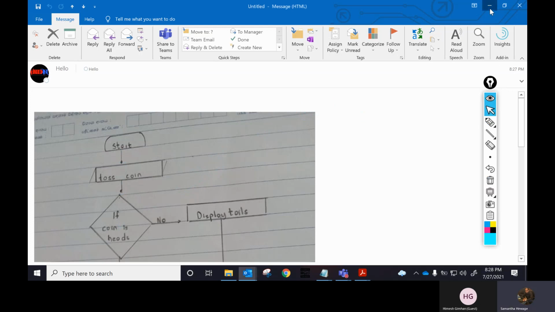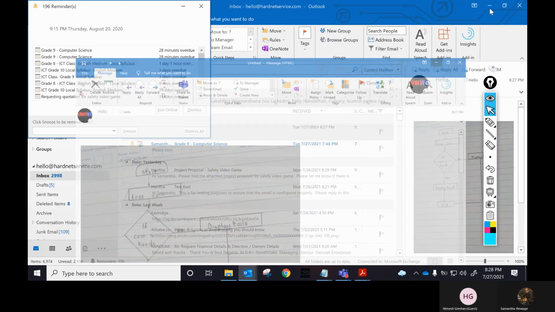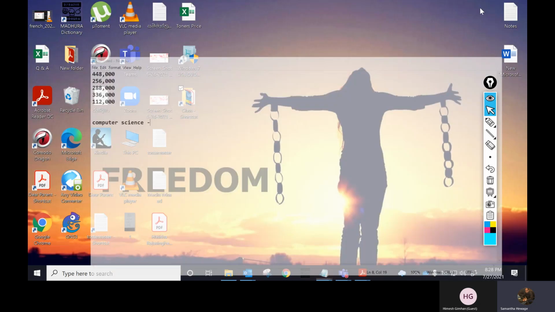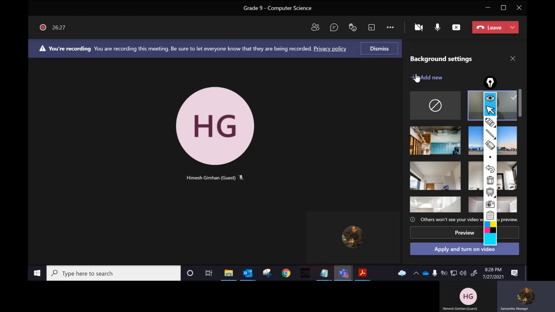I just want to create a Zoom link for my class tomorrow. The parents are asking. So I'll disconnect the share. You can do your pseudocode.